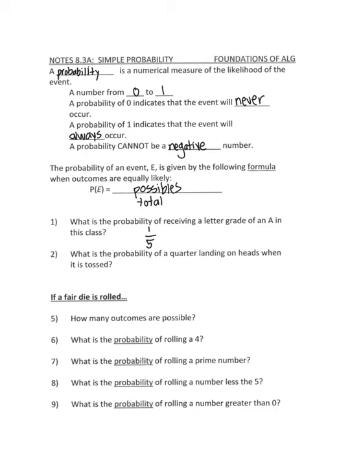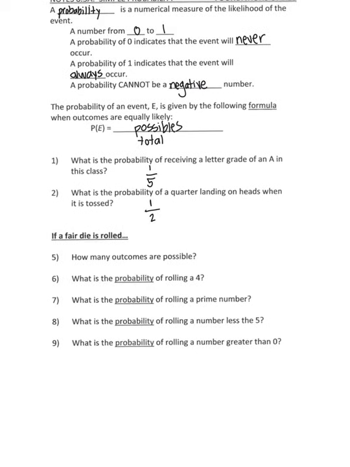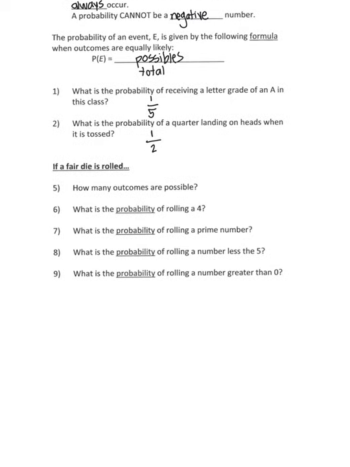The probability of a quarter landing on heads, well, if we flip a quarter, it's either going to land on heads or tails. So that's 2 possible outcomes. And if we want to know if it lands on heads, that is 1 possible out of the 2. So my probability for that case would be 1 out of 2. So let's look at some more examples with dice.